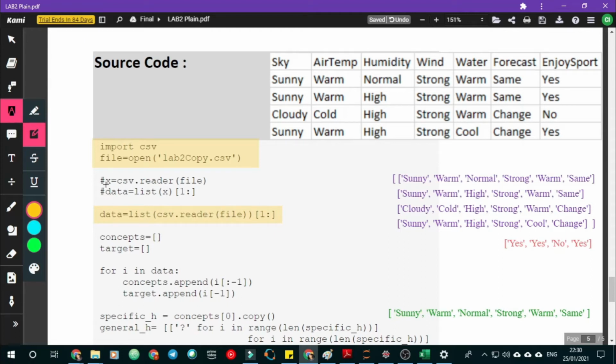This line is a combination of these two lines. When I read the file as an argument using csv.reader, then I take this x, okay, and I use the same x value as a parameter argument for the list. And what I did, this is nothing but indexing list values. See here, and this data has everything from here to here. Okay, from here to here.